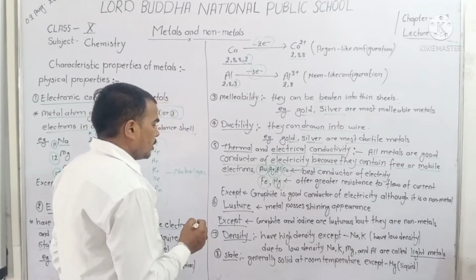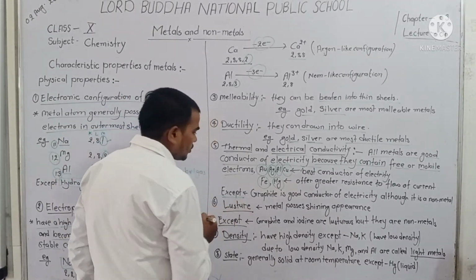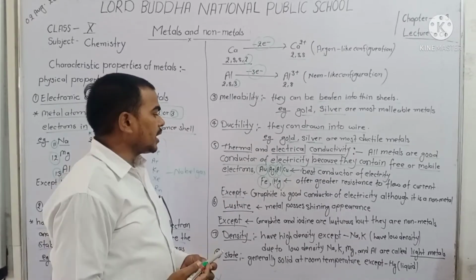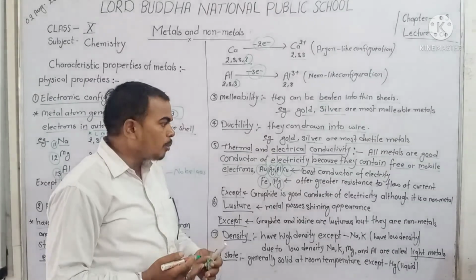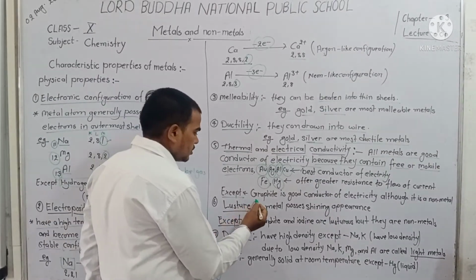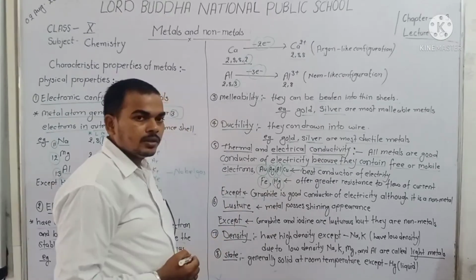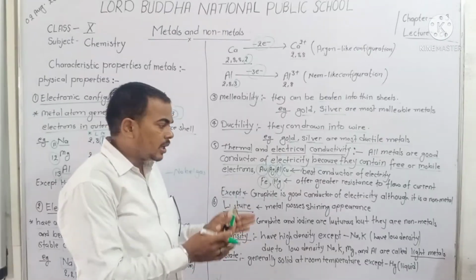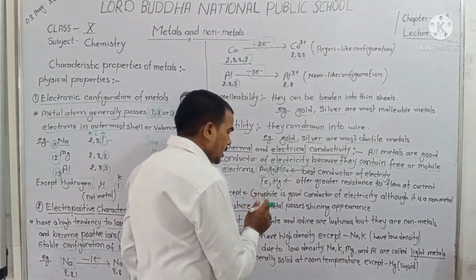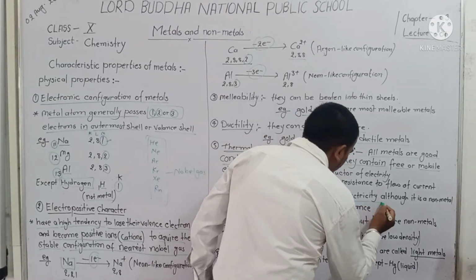Okay. Dear student, here is the exception. You know that all metals are good conductors of heat and electricity, but a non-metal, that is graphite, is a good conductor of electricity.